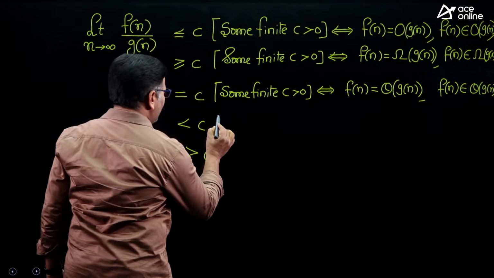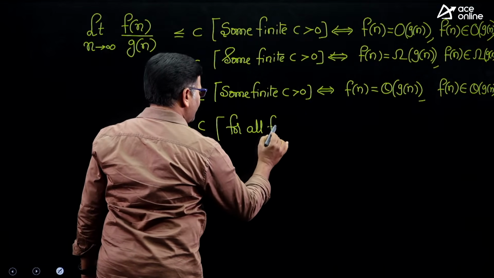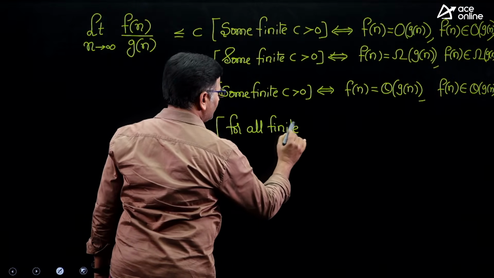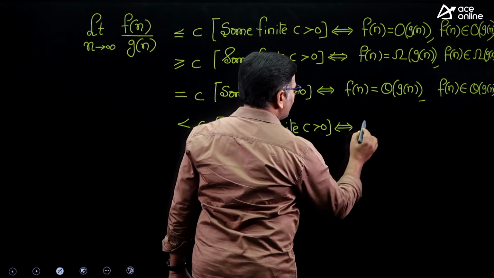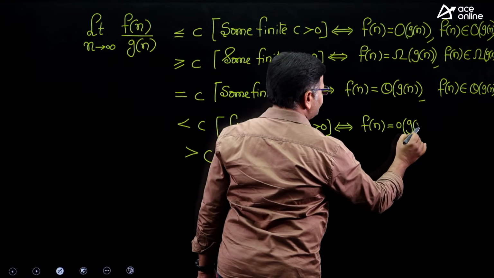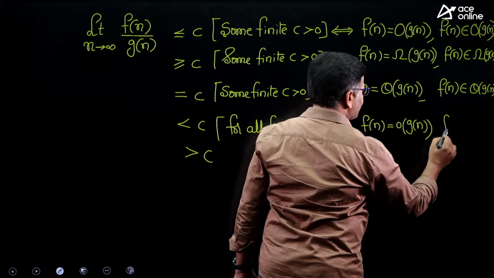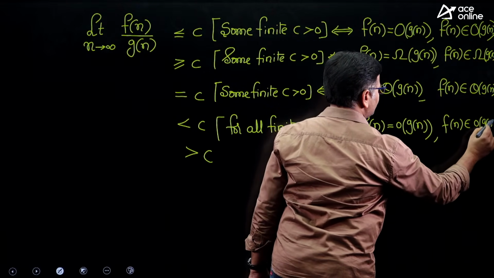If it is less than c, it should hold for all finite c greater than 0. Then, if and only if, f of n is equal to little o of g of n. We can also denote it as f of n belongs to little o of g of n. Clear, friends?